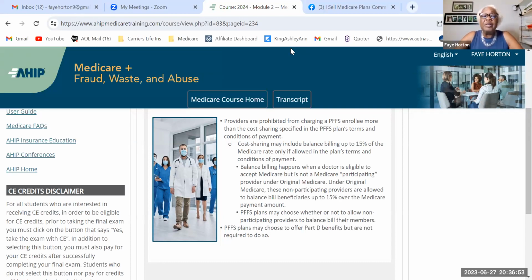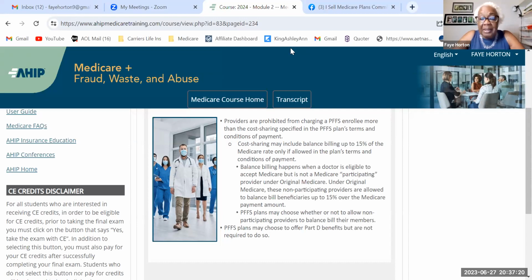All providers who accept Medicare are allowed to bill 15% over the approved Medicare amount. So in the case of private fee-for-service providers, if the plan terms and conditions say that they may use balance billing, they may bill an additional 15%.